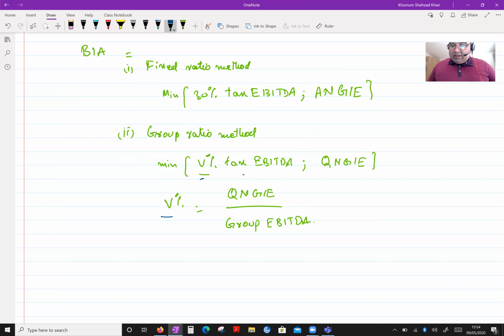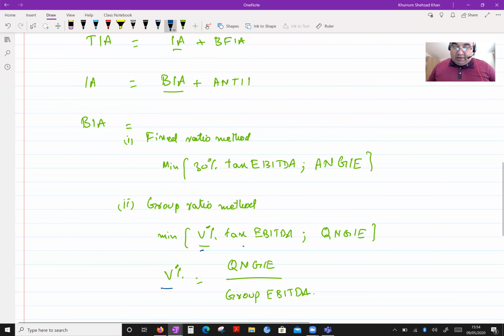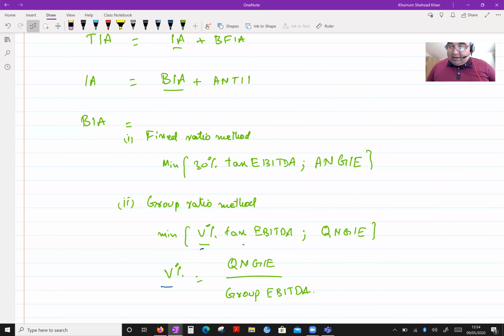Or if your QNG is lower, then QNG will be your interest allowance. If you go through the fixed ratio method, then 30% of your tax EBITDA is allowed as a basic interest allowance, or NTG if it's lower, and that will be the amount allowable as an interest allowance.